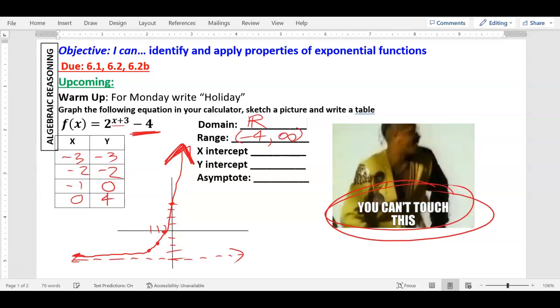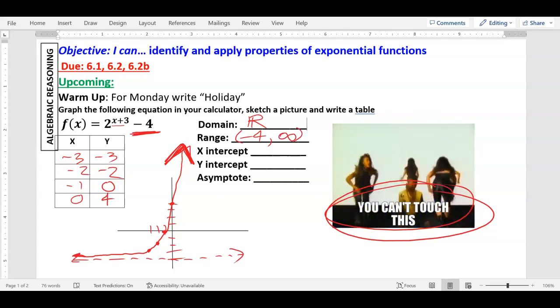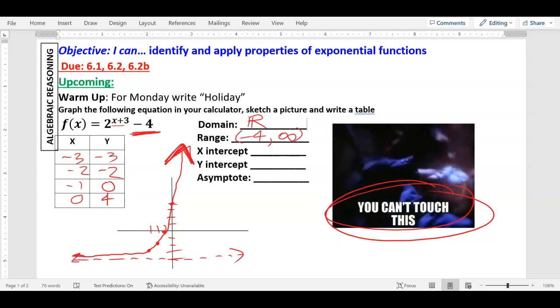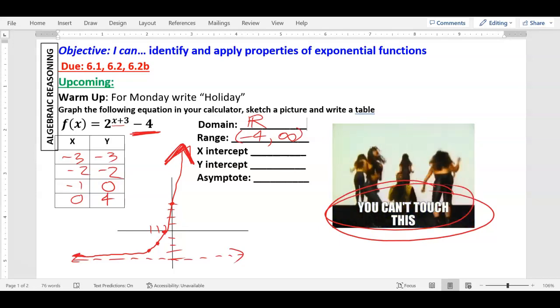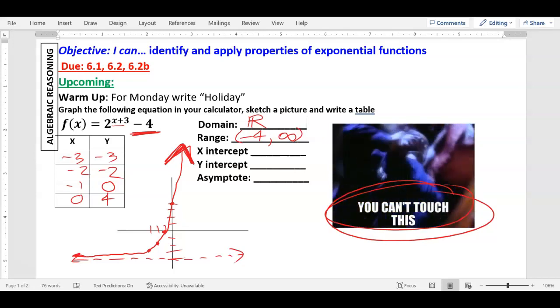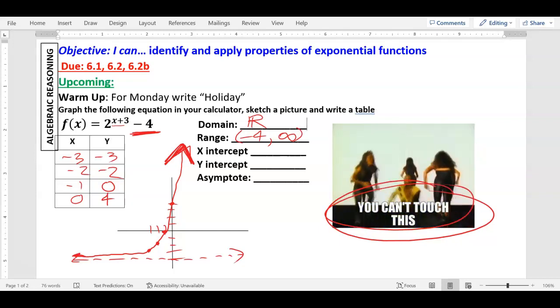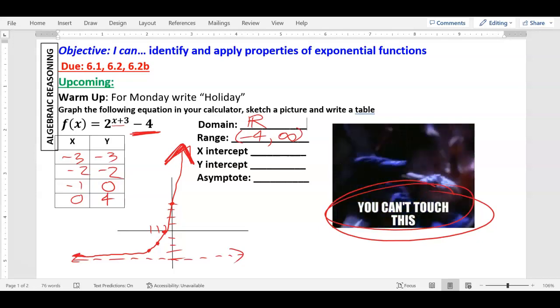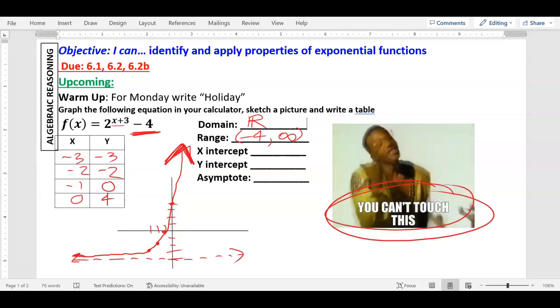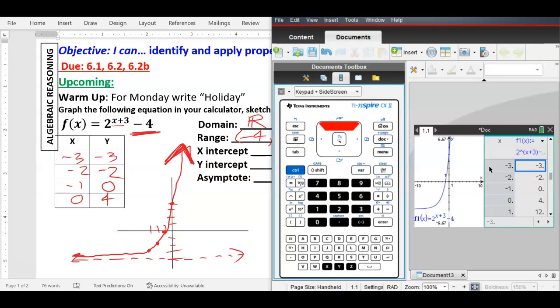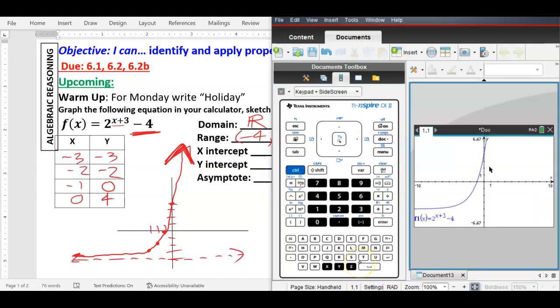Okay. Now, looking at my little sketch or looking at this little table, what's the x-intercept? I can see it right here. I know the x-intercept is when y is 0, so isn't it -1, comma 0, right? But if I go to my graphing calculator, Control T gets rid of my table, menu 5, 1.